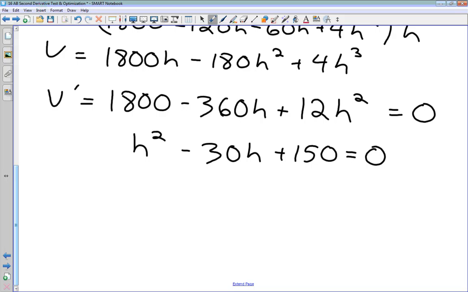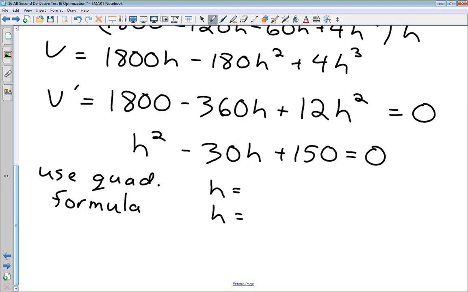I don't think this is going to factor, so we're going to have to use the quadratic formula. Quickly doing the quadratic formula gives us two solutions, 23.66 and 6.34.